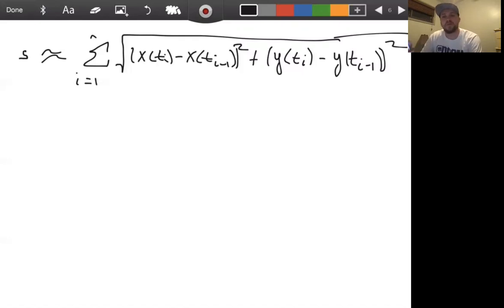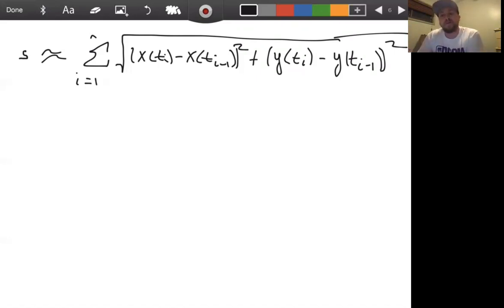So this is approximately arc length. Now we want to be able to, again, as we did with the formula for area under the curve, pass this to a limit, so it becomes not an approximation, but an exact value.